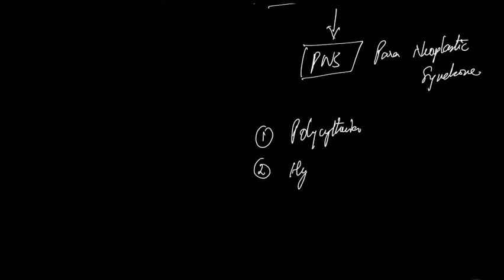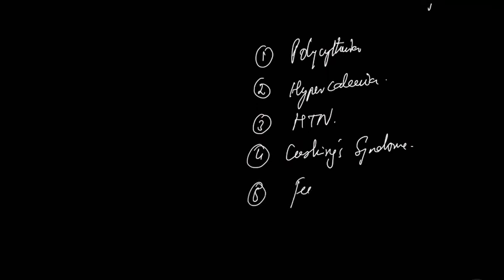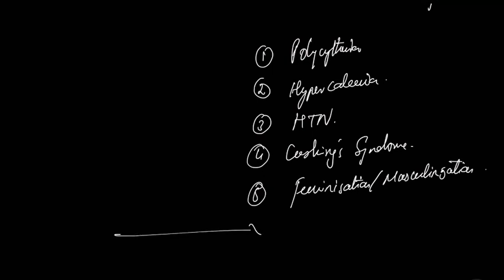Second is your hypercalcemia. Third is your hypertension. Fourth is your Cushing's syndrome. And lastly, it could lead to feminization or masculinization. So those were the complications of your RCC.